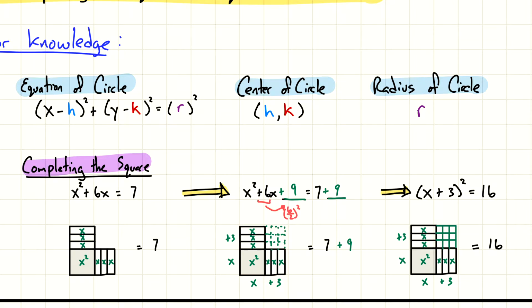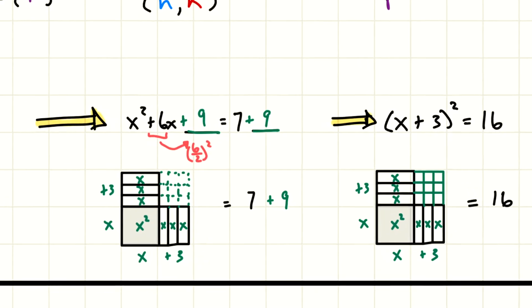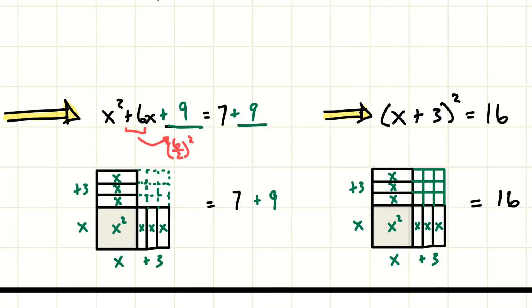By adding 9, it completes a square, which also means if we add 9 to this side, we also have to add it to the other side, so it stays balanced. Another shortcut that we might remember: why is it 9?